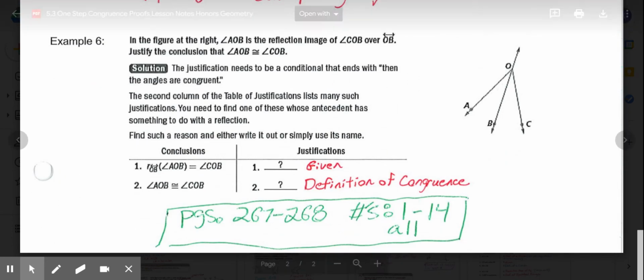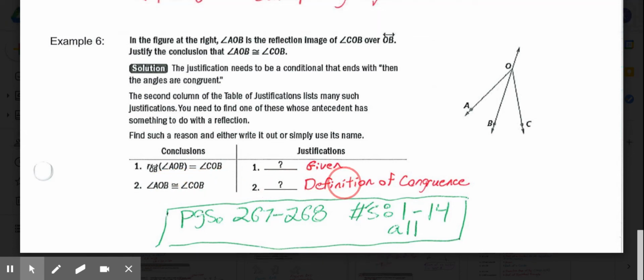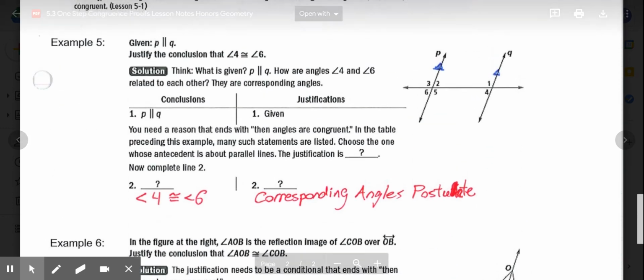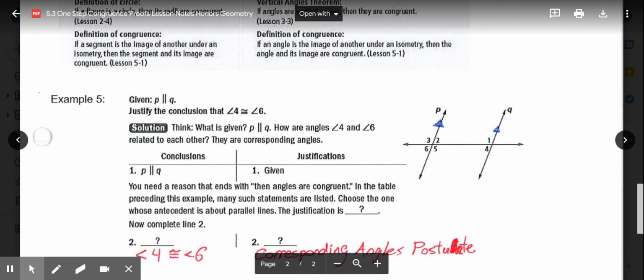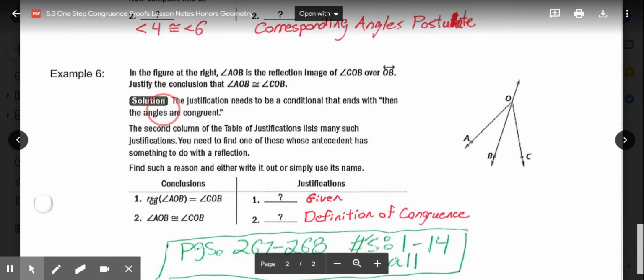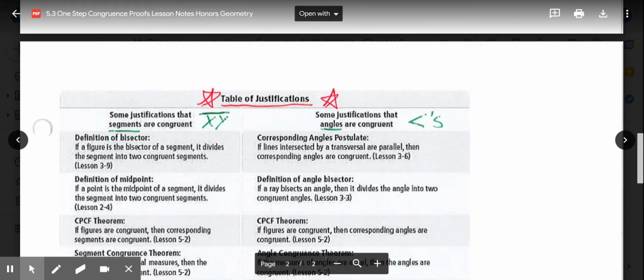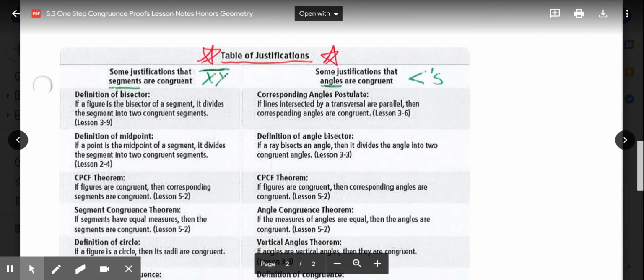So what allows us to say angle AOB is congruent to angle COB would be that definition of congruence. So as you go through these proofs, use examples 5 and 6 as good examples, thinking about this solution process and what you want to think about in your head, and make sure that you use this table here to give you some common justifications.